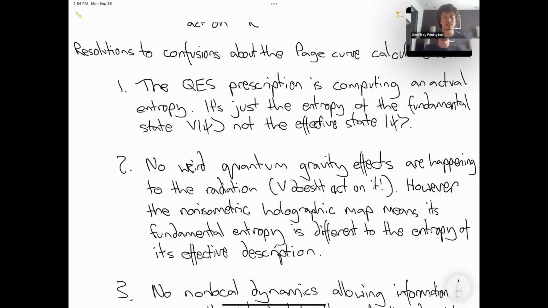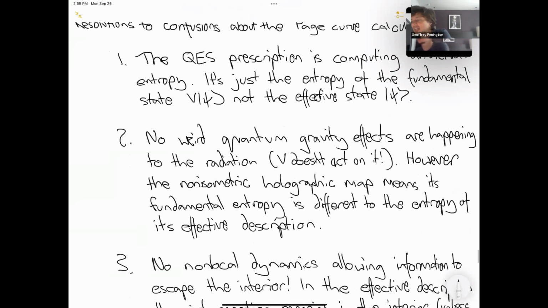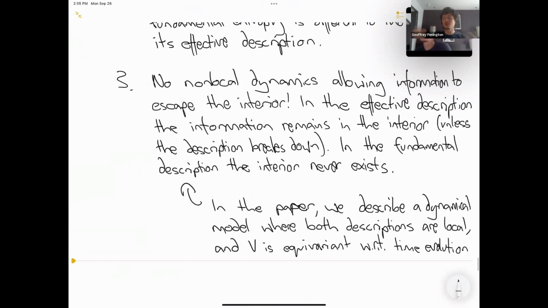And those are different entropies, not because anything is actually happening to the radiation, V is not doing anything there, but because a non-isometric holographic map is encoding the effective description of the interior into some black hole microstate. Okay, and that's where all the work is being done. It's in the relationship between those two descriptions, the effective description and the fundamental description. And in particular, again, I want to emphasize there's no non-local dynamics going on here.